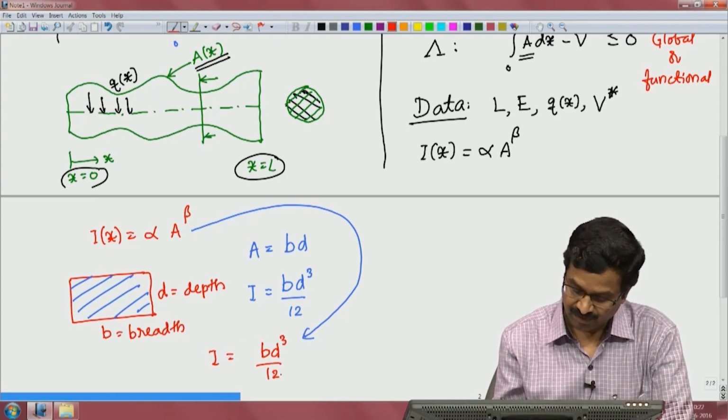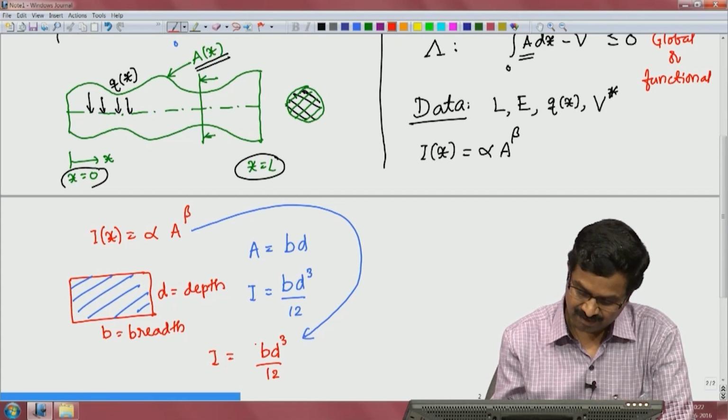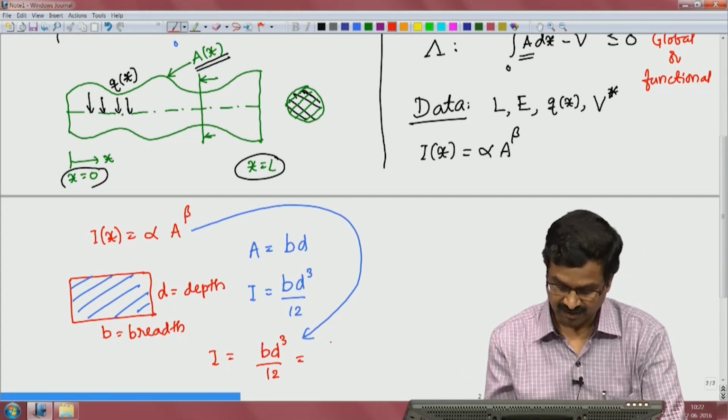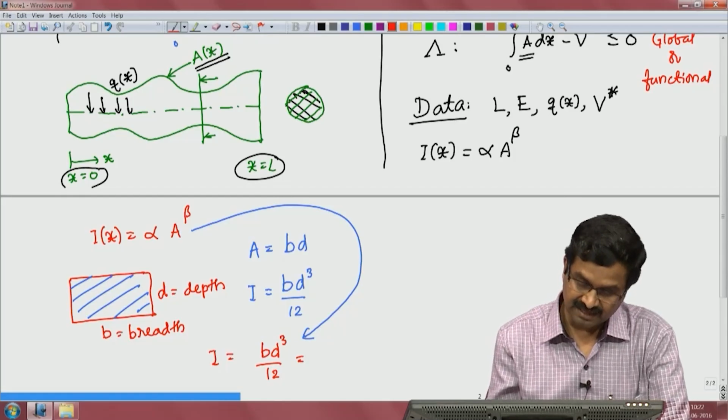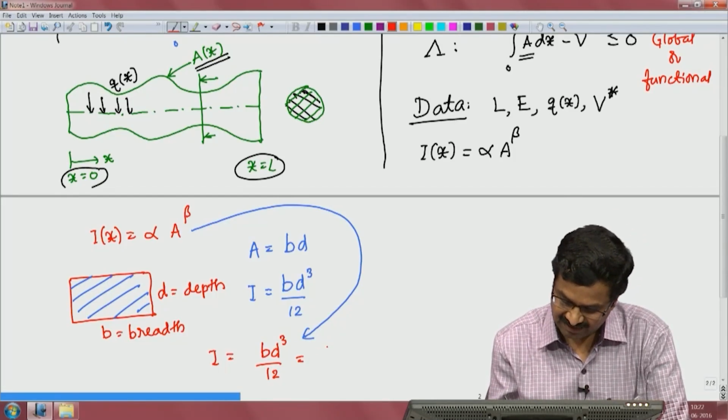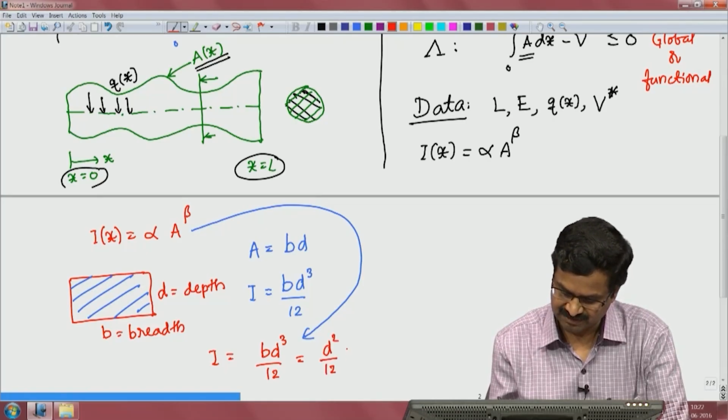So, if I want to put area, I need to multiply by B square and divide by B square. So, I can do well. Let us actually take D as the fixed value. So, I will take out D square, put 12 as it is, times B d.